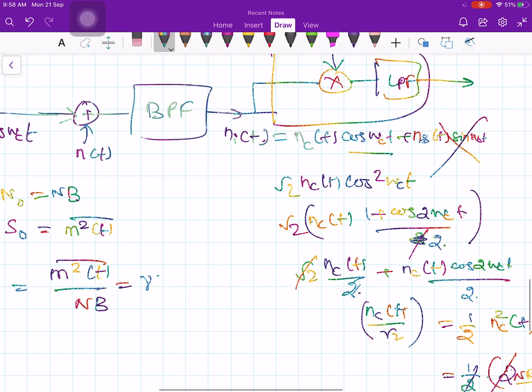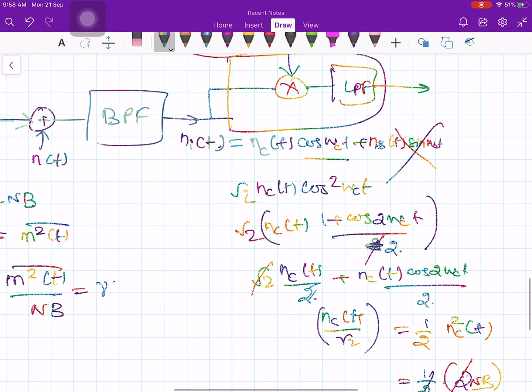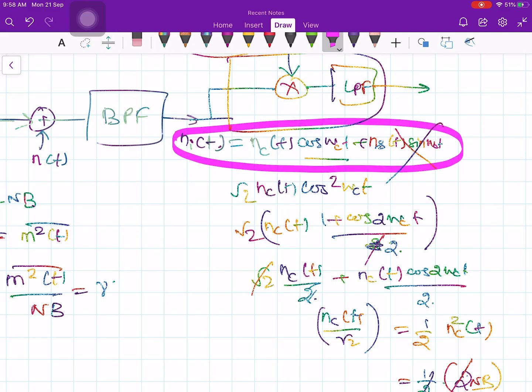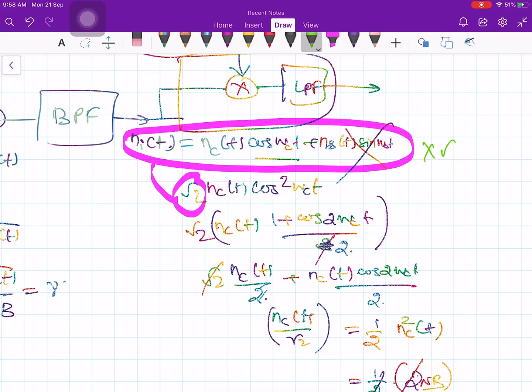You can look at the process. How did I calculate this? So you have narrowband noise. This narrowband noise is multiplied by root 2 times cosine omega ct. Then cosine omega ct with the sine omega ct becomes 0. I did not write that part here.